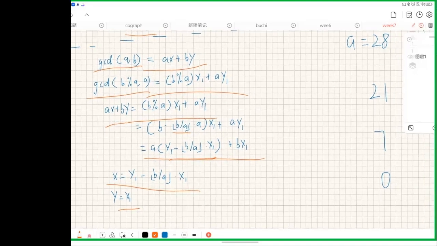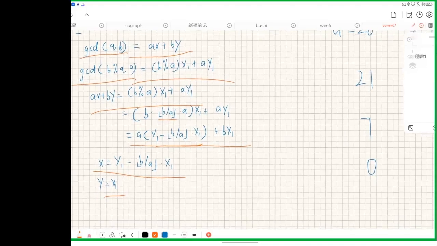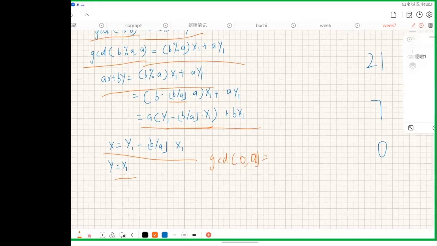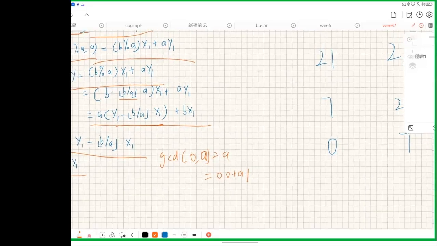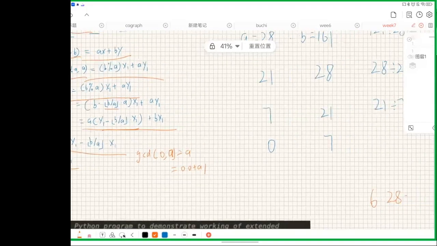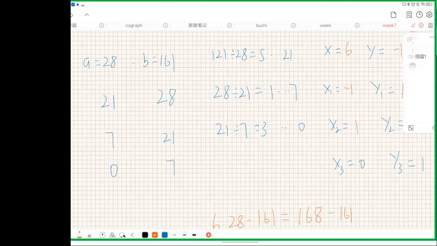And then if we first get the last one, because we know that GCD(0, a) equals a, and it equals 0 times 0 plus a times 1, then we can go back to get a and b. Let's try to use a case to show that.